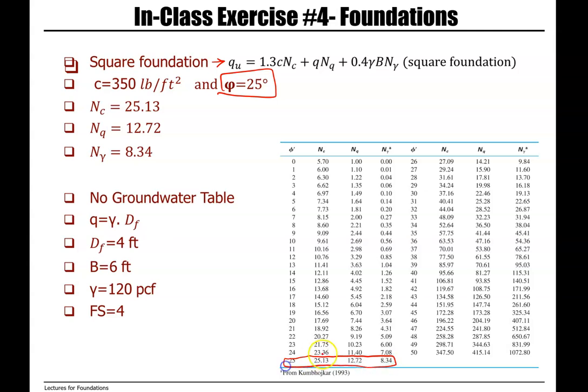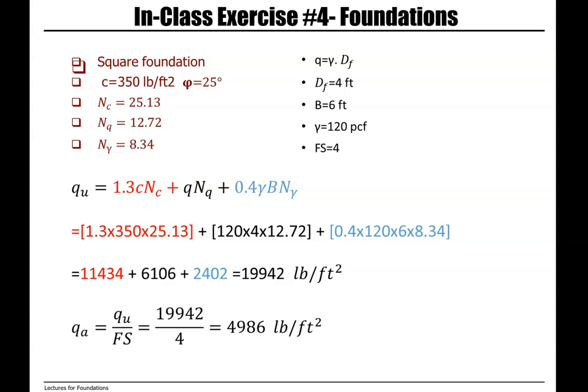So these are our NC, NQ, and N gamma. There's no groundwater table, so we can use this formula to calculate surcharge. Depth of foundation, width of foundation, moist unit weight, and factor of safety also provided for us. So we just need to plug in the numbers into the formula.